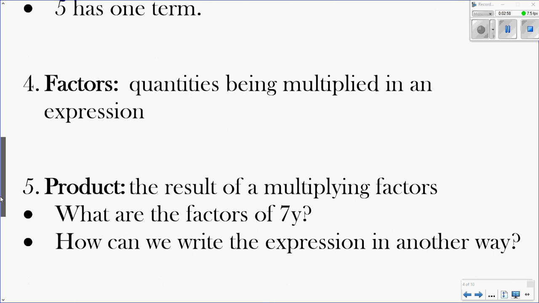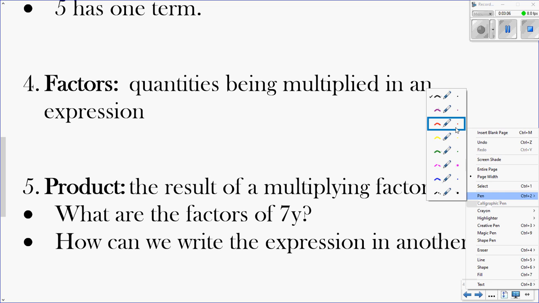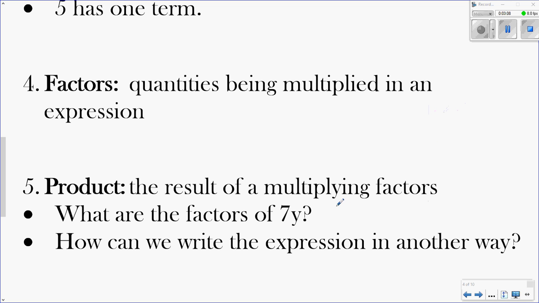The first question is, what are the factors of 7y? You notice that you have a number, 7, and then you have y. Oops, there's a little bit of a lag here. Let me get that out again. So we have 7 and y.